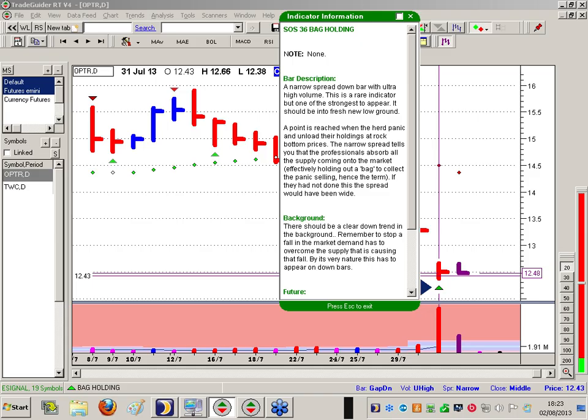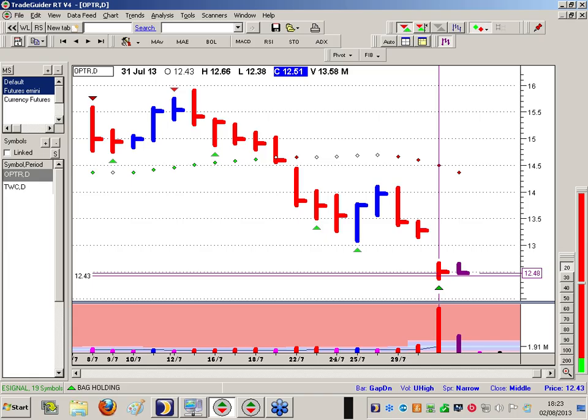Very interesting. All right. Now, it's got to be professional money buying. If you think about it, it can't possibly be anything else, can it? If it's gapped down into fresh low ground, the spread is narrow, it's closed in the middle, the volume is massive, it has to be bag holding, it has to be professional buying.